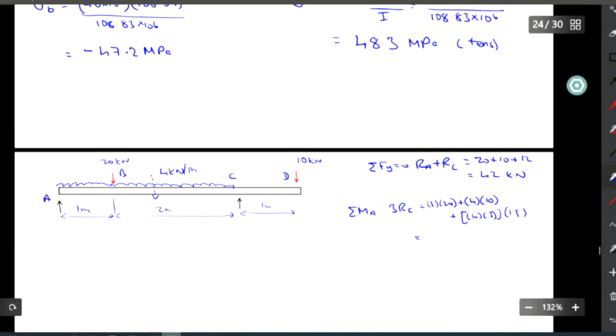So that's equal to 20 plus 40 plus, getting ahead of myself there, 18, which is 78 kilonewtons.